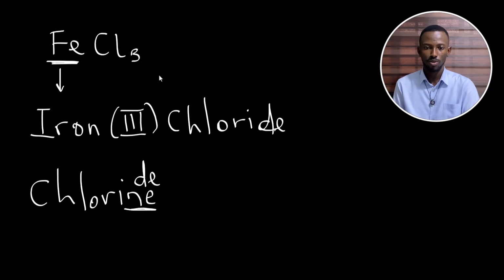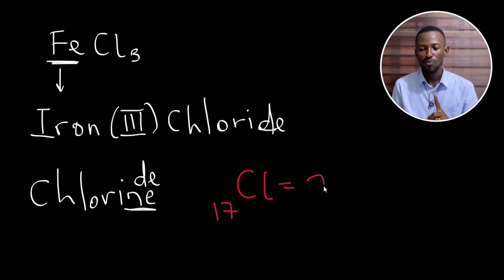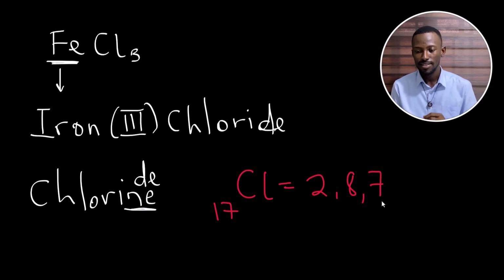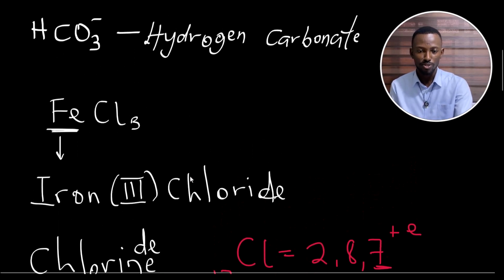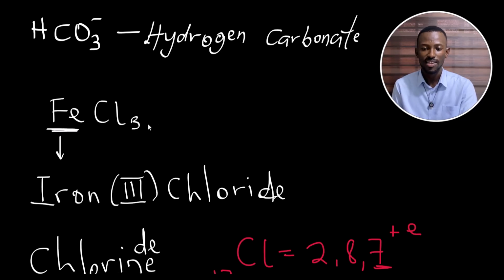Look at this. Chlorine has an atomic number of 17, so its electronic configuration is 2,8,7. That means chlorine needs only 1 more electron to be stable. For chlorine to form an ion, it borrows 1 more electron. So the ionic state of chlorine is Cl-, something you are very familiar with, which presupposes that this FeCl3 is actually a combination of Fe and Cl-.